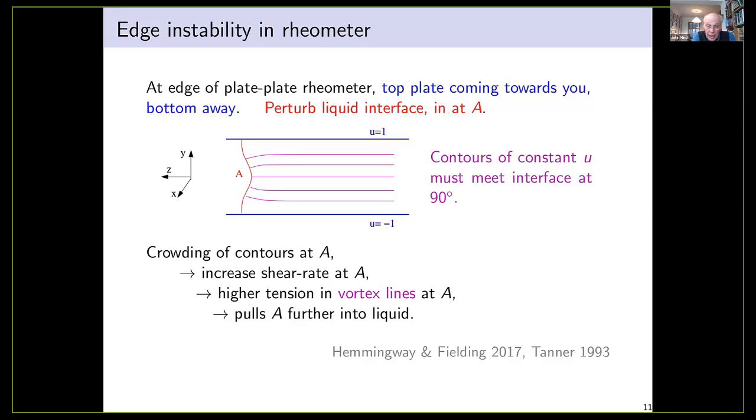That means there's a higher shear rate there. This means there's a higher tension in the vortex lines at A. The vortex lines are the horizontal lines, these contours of constant velocity, and therefore we're going to pull in with this higher tension in the vortex lines at A. We're going to pull A in to the right, and therefore you've got yourself a little instability.